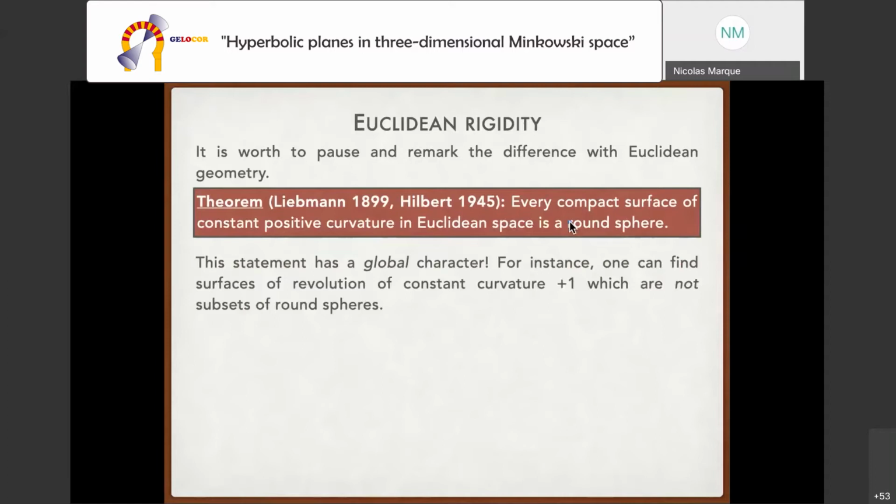But I would like to stress that this theorem of Liebmann has a global character. One can find deformations of portions of a round sphere which still have constant curvature 1. The deformation fails once one tries to do it globally.